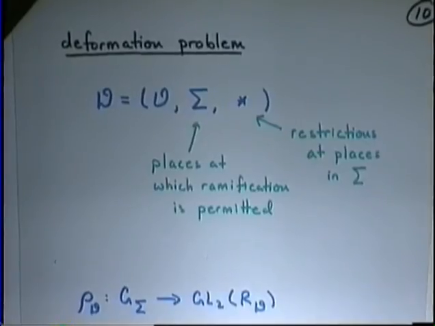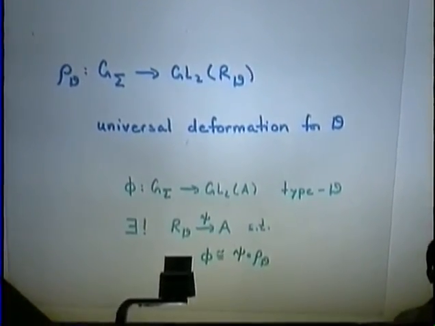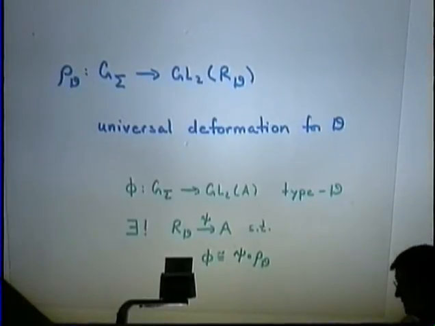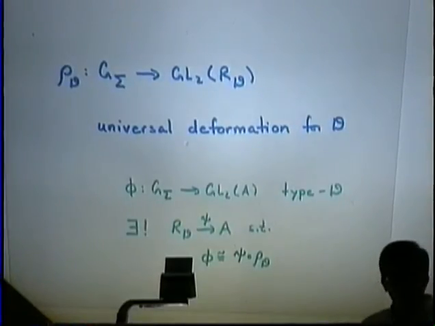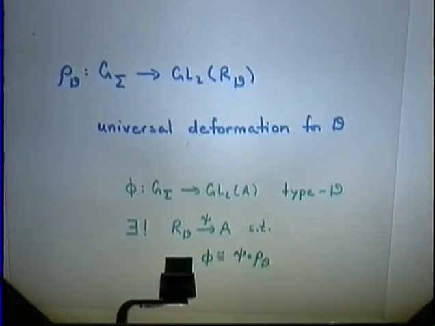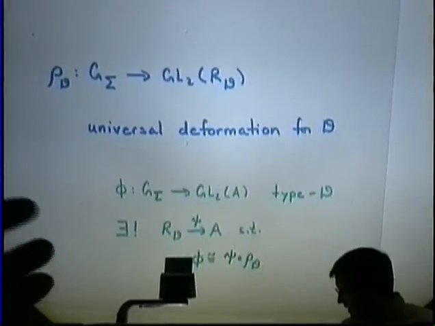And for certain nice deformation problems, there's a universal solution. What this means is that there's some deformation with these conditions, denoted here by rho sub D and the corresponding algebra or ring R sub D. And this is universal with the following universal property.